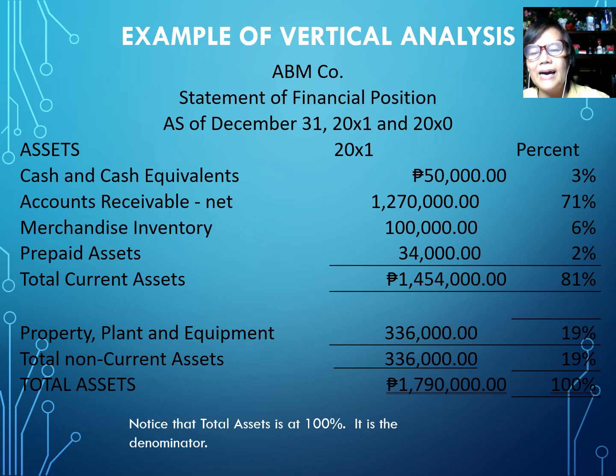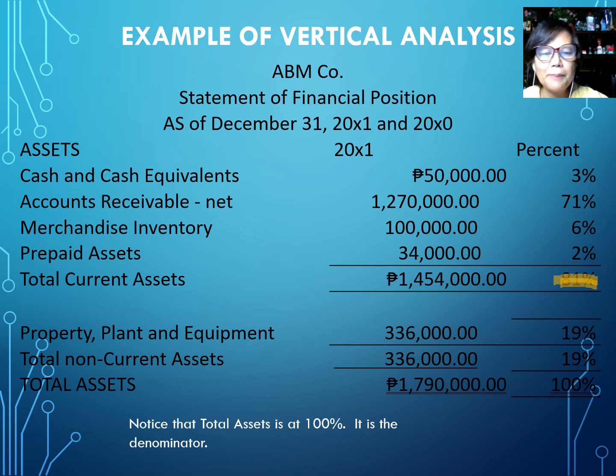But there is a difference because of decimal points. If you are going to divide 1,454,000 by 1,790,000, it is 81 something, so it was rounded up to 81.